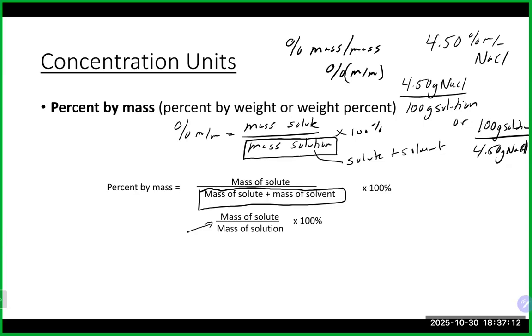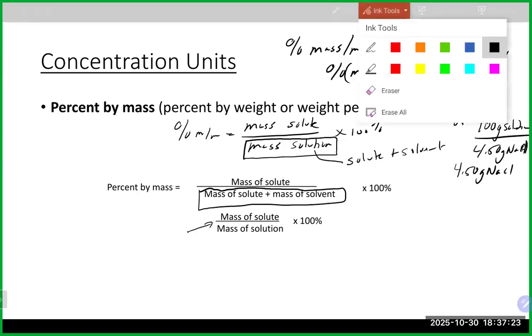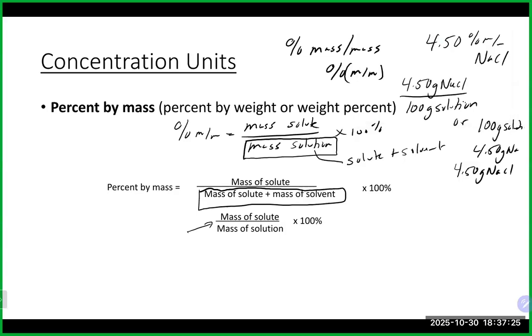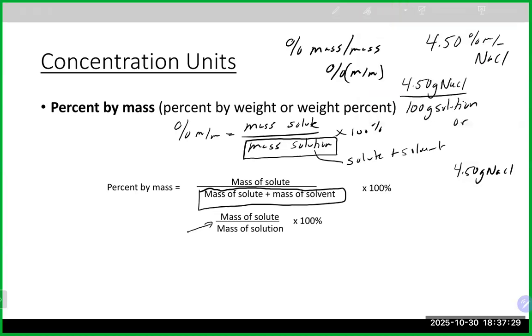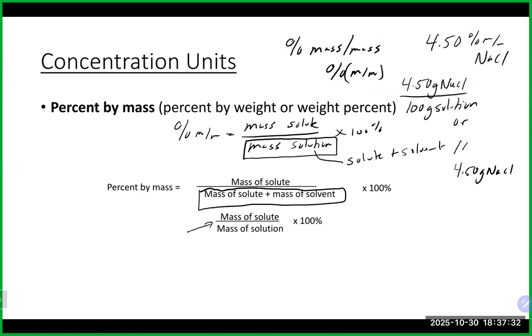I ran out of room there, so go 4.50 grams of sodium chloride over 100 grams of solution on top. Again, I would take it as a more dimensional analysis approach, and you don't have to worry about rearranging the equation here.